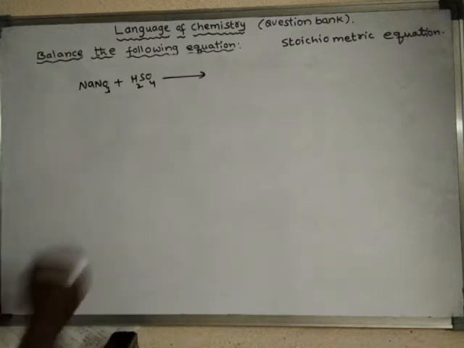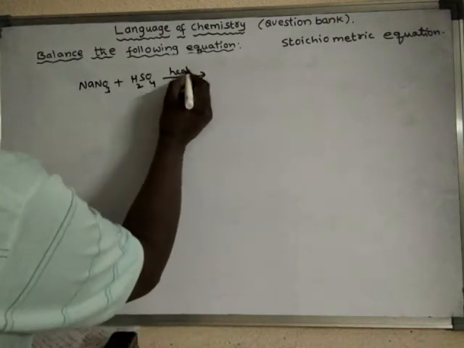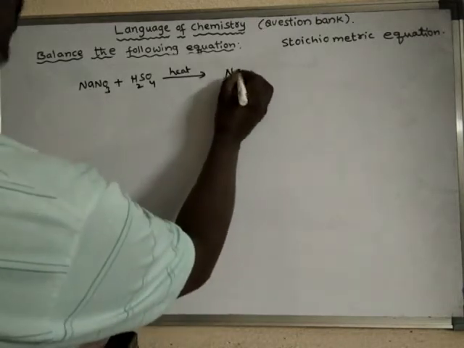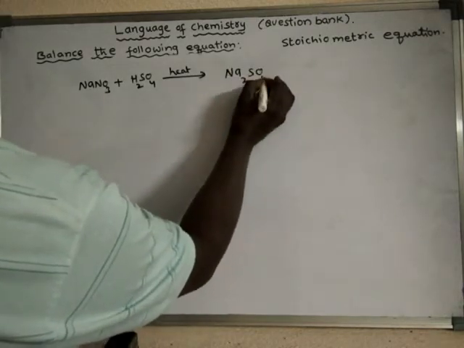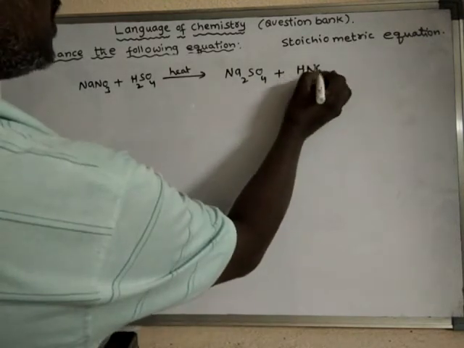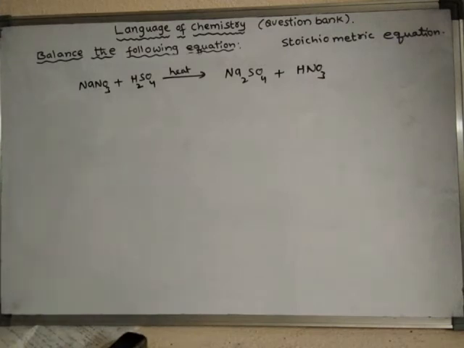When this mixture is heated, what happens? It forms sodium sulfate and nitric acid. Okay. So now this is the chemical equation, but it is not balanced.